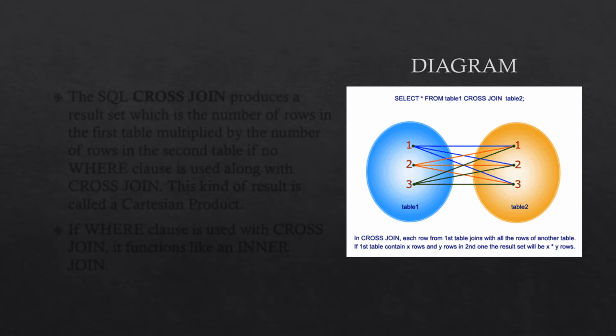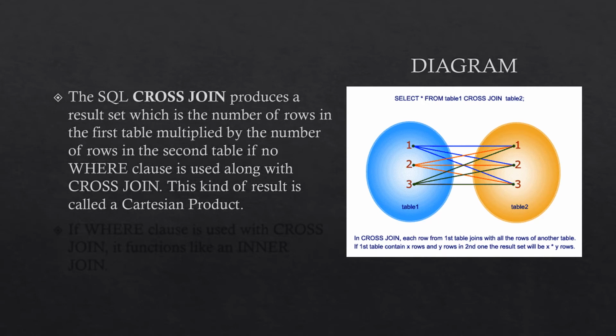In the diagram, it shows that each row from the first table joins with all the rows of the second table. The SQL cross join produces a result set, which is the number of rows in the first table multiplied by the number of rows in the second table if no where clause is used along with the cross join. This kind of result is called a Cartesian product.